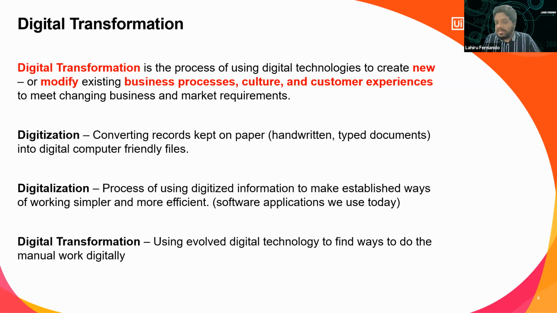Over time, we introduce a lot of new things, a lot of technologies. And now what we are talking about is using this technology and the applications we have to find new ways of doing the manual work digitally. And that's not going to be manual, it's going to be automated. So that's where digital transformation comes in.